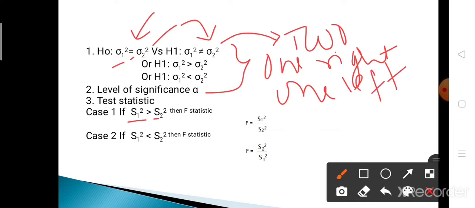If S1 square is greater than S2 square, then the test statistic formula is F equals S1 square divided by S2 square. That means the largest variance divided by the smallest variance. Case 2: if S1 square is less than S2 square, here S2 square has the largest value, so the F statistic is S2 square divided by S1 square.